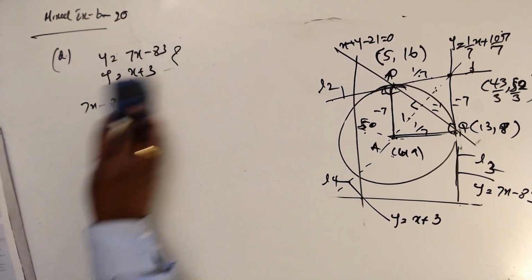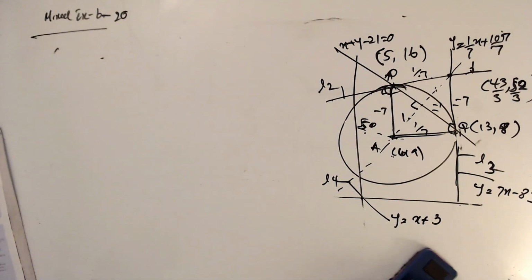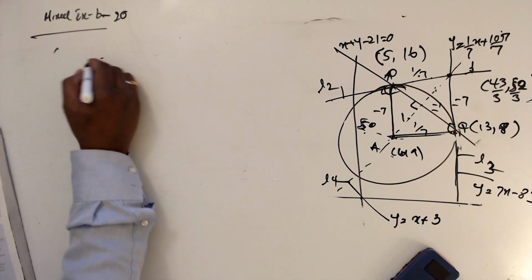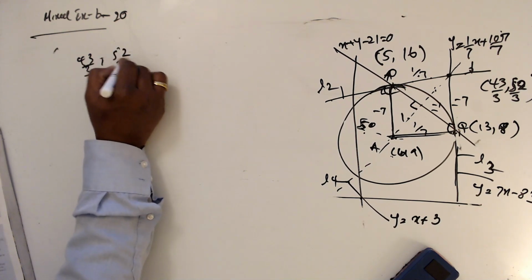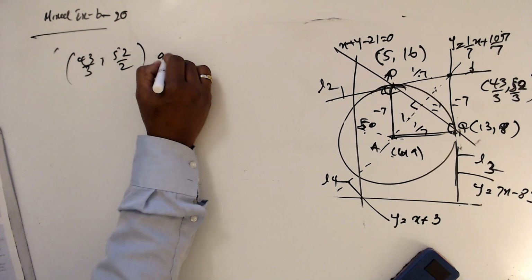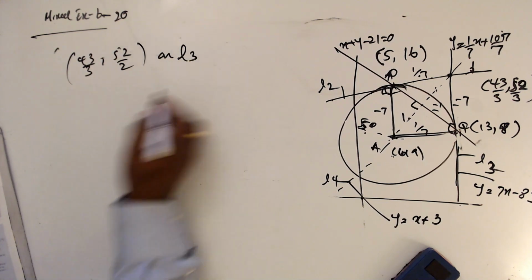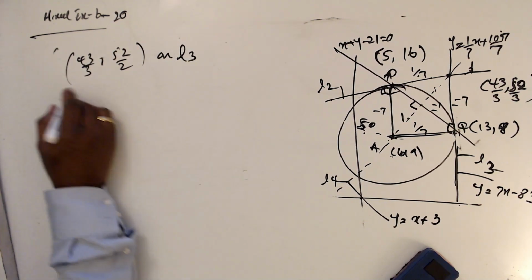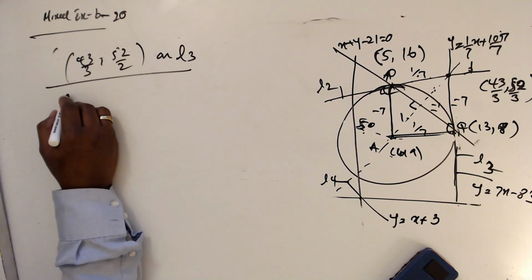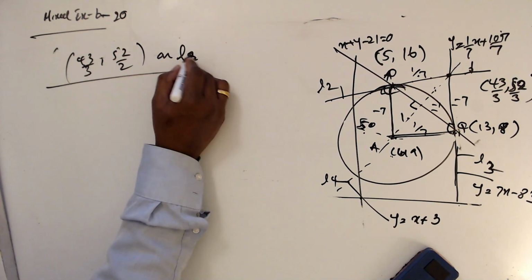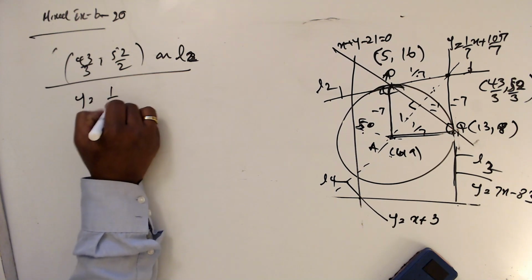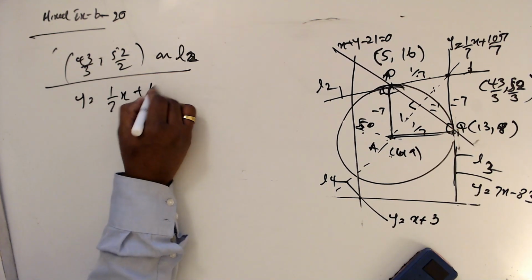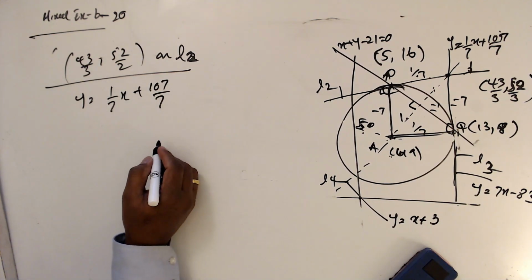Now we will show that (43 over 3, 52 over 3) is on L2. We write the equation y equals 1 over 7 x plus 1 over 7 over 7.